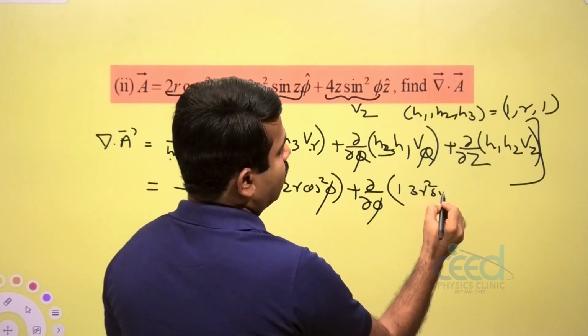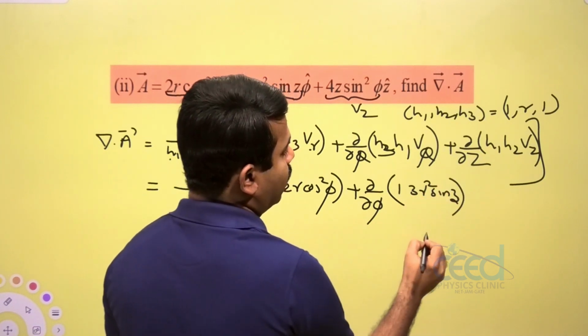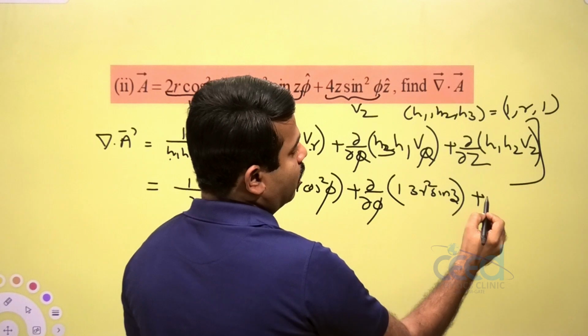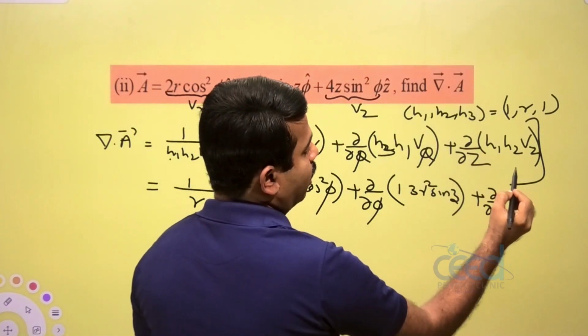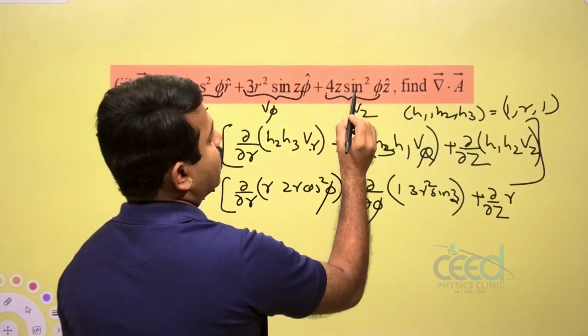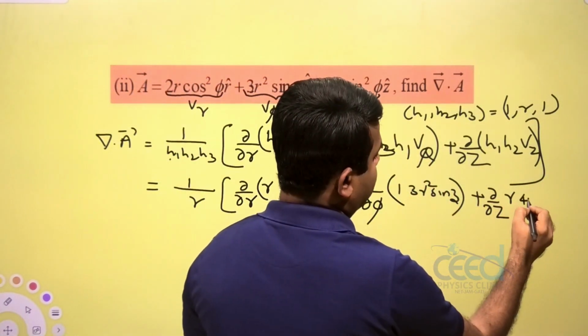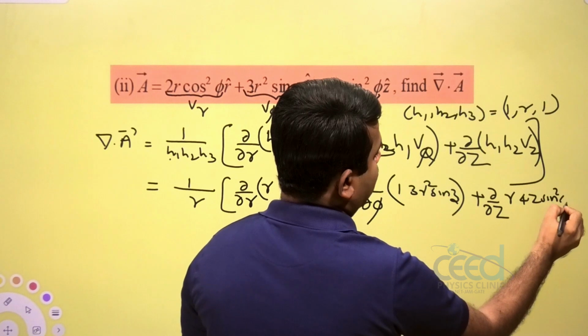Again plus dou by dou z of h1 h2, again r, and Vz is 4z sin square phi.